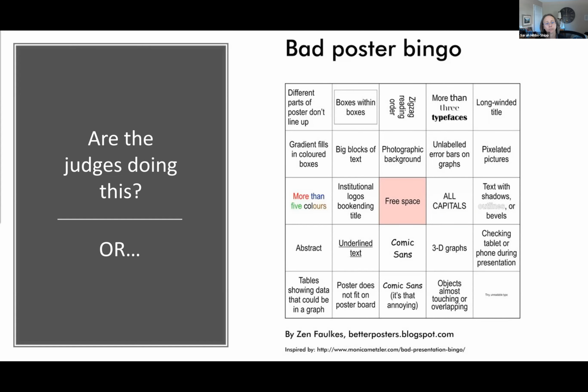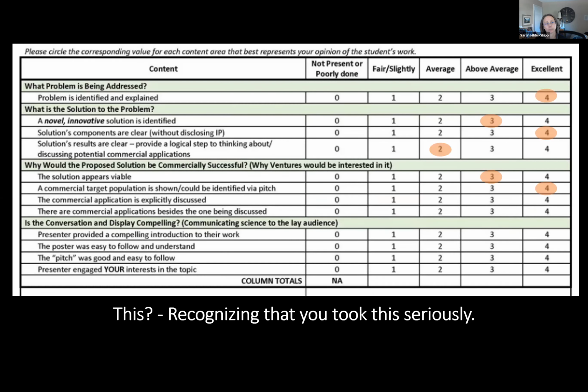So what you really want judges to be doing is this. This is the rubric for demo day. You want them to say, yes, they identified and explained the problem. Yes, they identified an innovative solution. The components of that solution are clear, either discussed in their pitch or put on the poster.